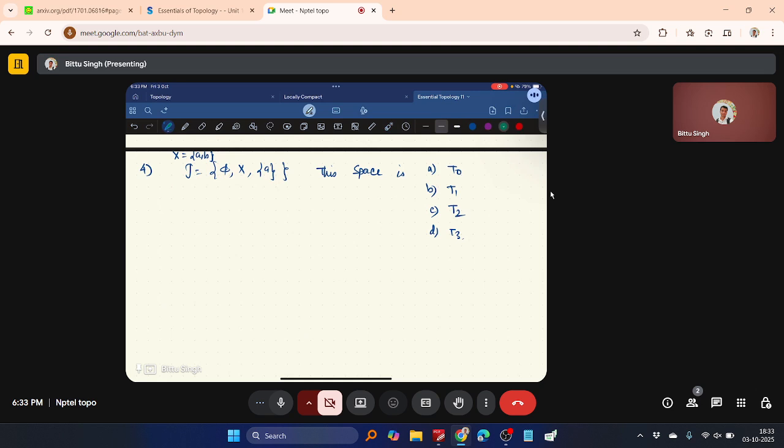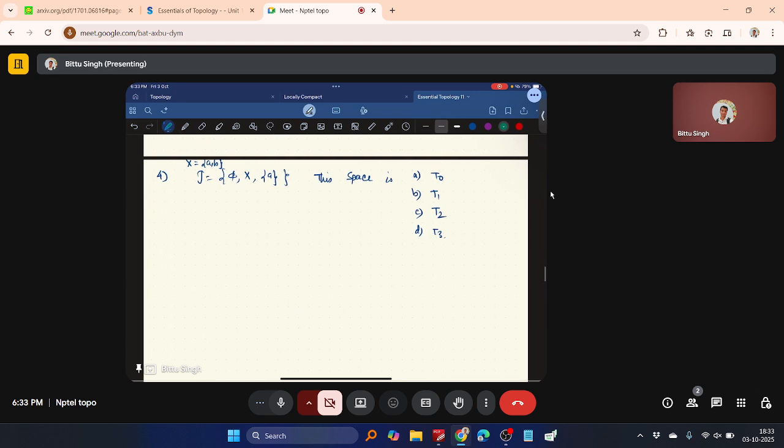We note that if we consider two distinct points in this space, one point is A, another point is B. There are only two distinct points. So there is an open set which contains A but does not contain B, and this is the property for being a T0 space, right?